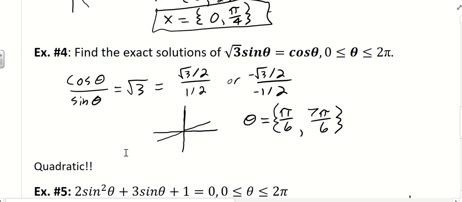Okay, this one I think is kind of interesting. Here I'm dividing both sides by the sine of theta, and this is actually the cotangent ratio. So I'm looking at cosine divided by sine in this case equals square root of 3. So in order to get that, I could do square root of 3 over 2 over 1/2, or this alternate fraction here.